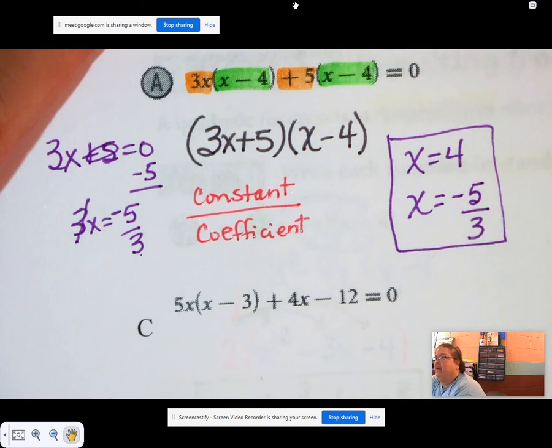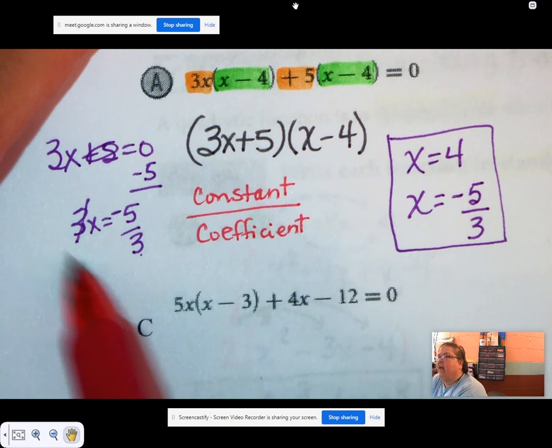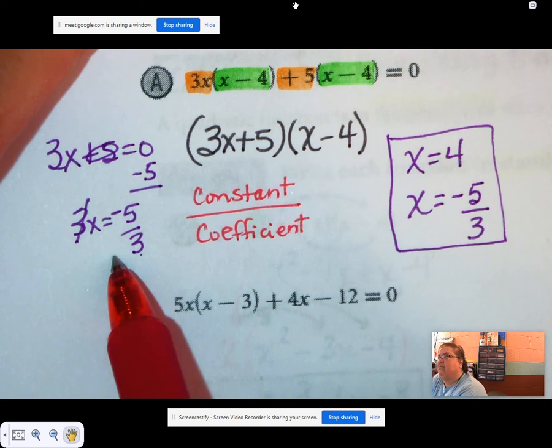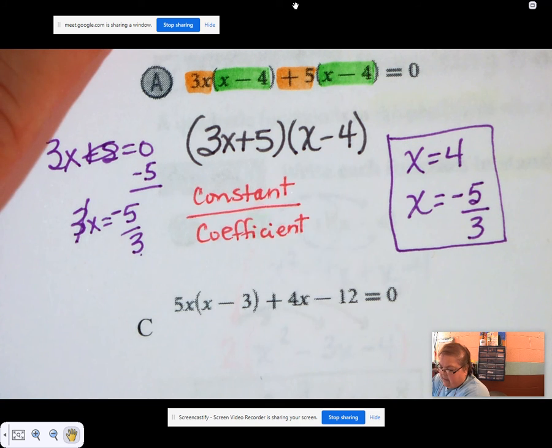If you can remember that, then that's all you have to write. If you can't, then just work it out to make sure you get the correct answers. It's only a two-step equation, okay?